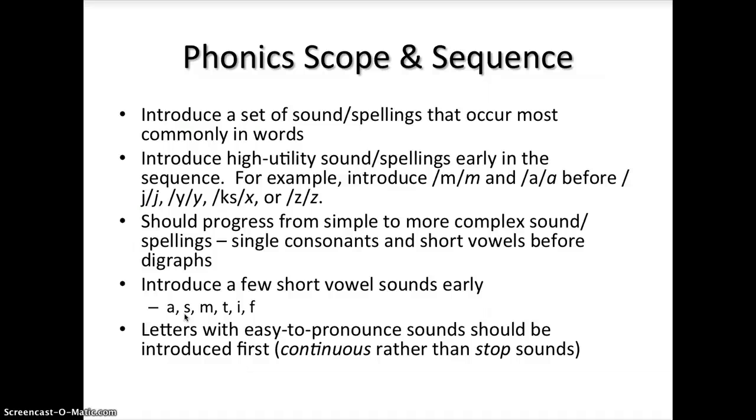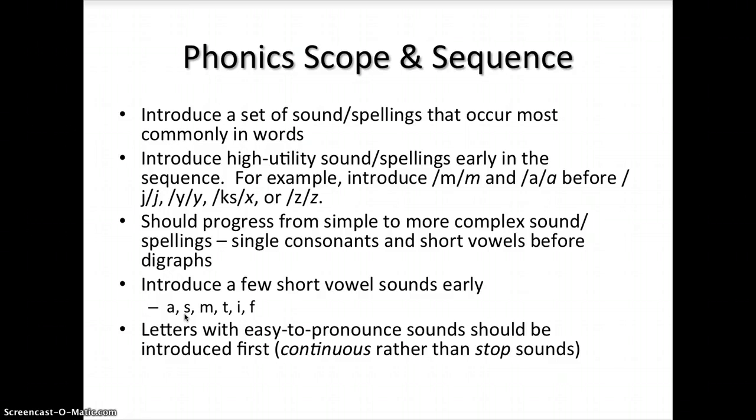That's not to say that we would not include stop sounds and that we would teach all of the continuous sounds first. That just means that we need to be thinking about this as we're choosing our sequence of letters.